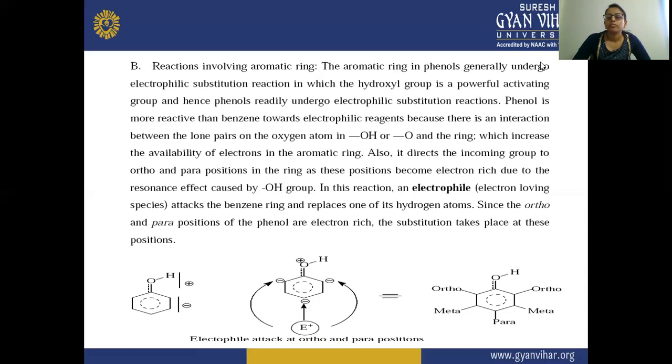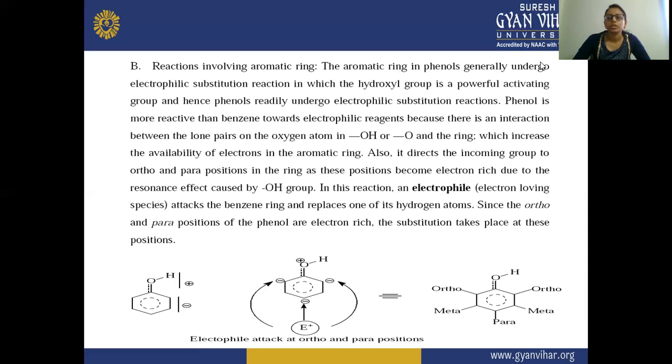From the benzene ring, one of the hydrogen atoms is replaced. Since the ortho and para positions of the phenol are very electron rich due to this OH activating group, the substitution takes place at these positions.